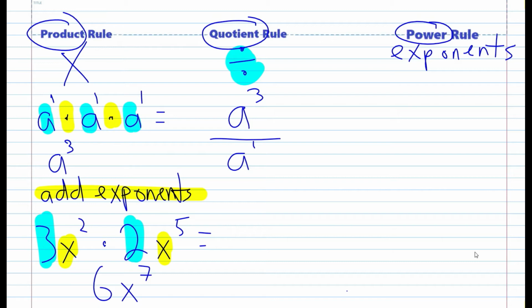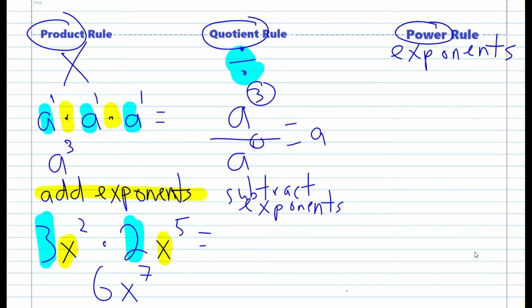And instead of adding the exponents like in the product rule, you're going to subtract the exponents when the bases are the same. And you can only do it when the bases are the same. So write this down. Quotient rule, we subtract exponents. So the way that this would simplify is I'm going to subtract, we get a to the second power.